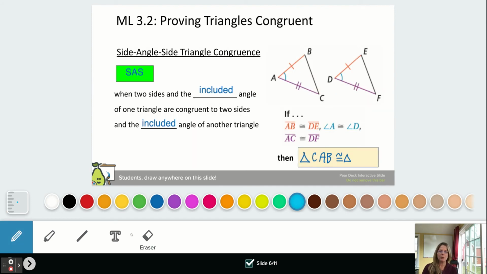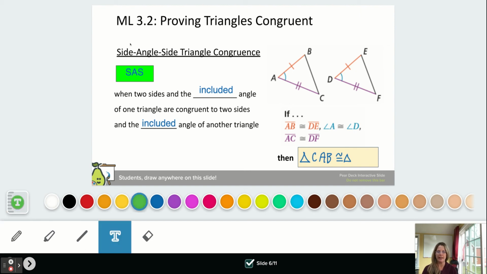There's another congruence theorem that will be pretty easy to spot, and this is the side, angle, side, or SAS congruence postulate. When two sides of one triangle and the included angle, right, that's the included angle, are congruent to two sides of another triangle and the included angle, then we can say these two triangles are congruent.